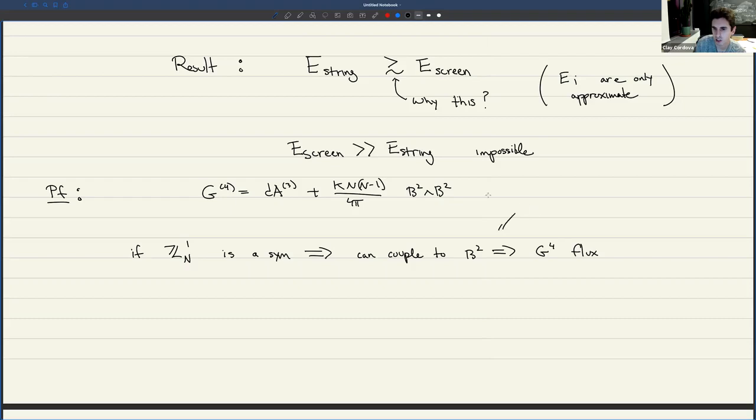This is the step where I'm using this equation. And of course, this means that we have U12 as a symmetry. So once you have the Zn1 form symmetry, you already have the 2-form symmetry. And that's what this inequality that I wrote here actually says.